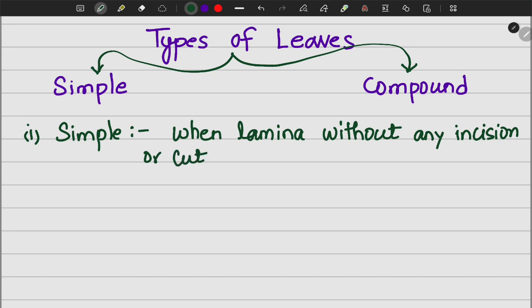So the lamina is intact, the lamina is full, it is not cut in any way. Or if incision is there, then it does not touch the midrib.